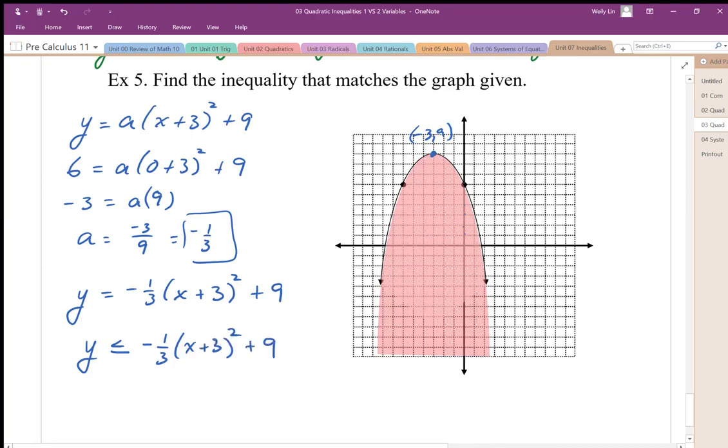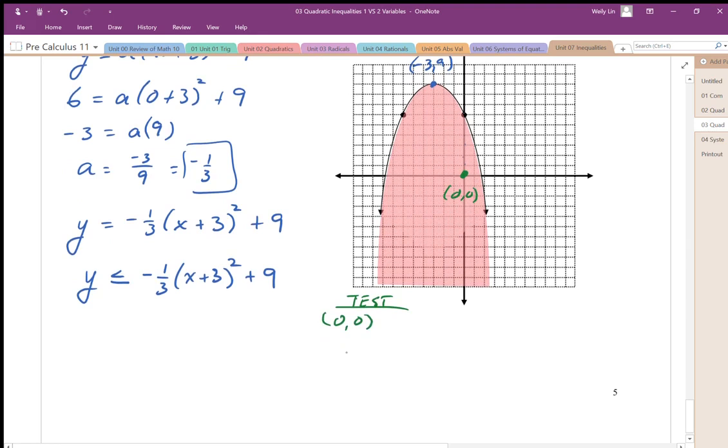If I'm a little bit unsure of myself, I'm going to test a coordinate, and the point we test is 0, 0. When I test that coordinate in my inequality, I get 0 is less than or equal to -1/3 times (0 plus 3) squared plus 9.